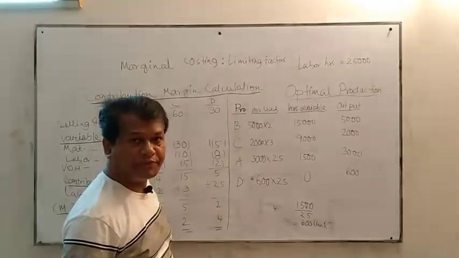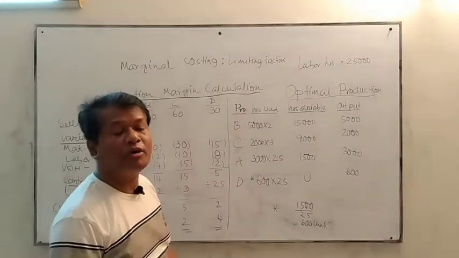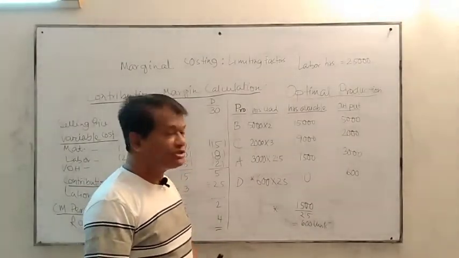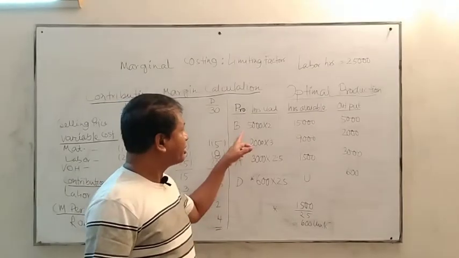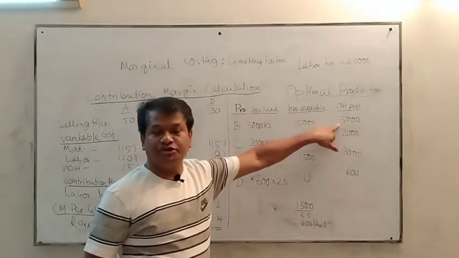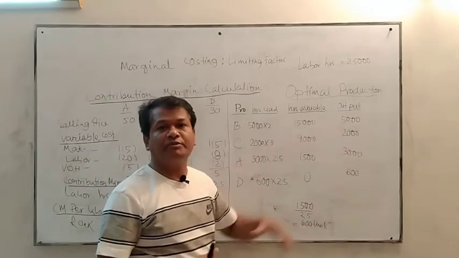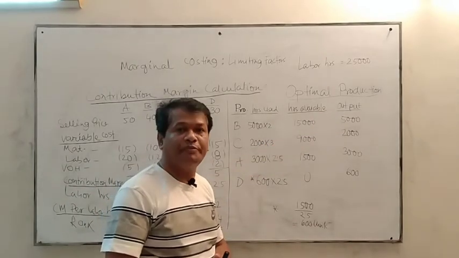Now you have to calculate how much labor hour is already used to produce that particular product. As I have already said, product B is to be produced 5,000 units, so all 5,000 units can be produced. How much labor hour is to be used to produce the 5,000 units?